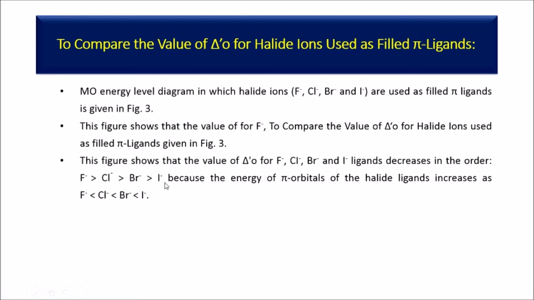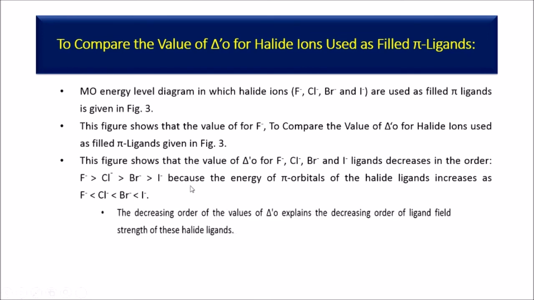Because the size of iodide is more, it has very little. The energy of the pi orbital of the halide ligand increases in the order fluoride to chloride, chloride to bromide, bromide to iodide.